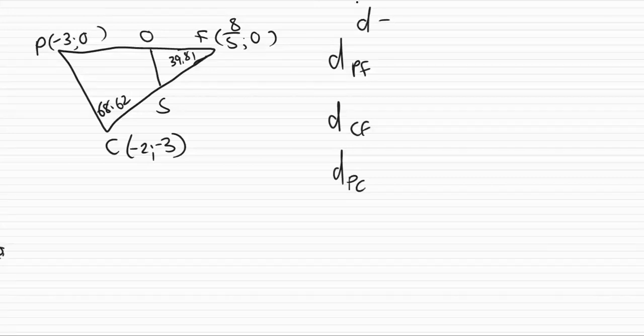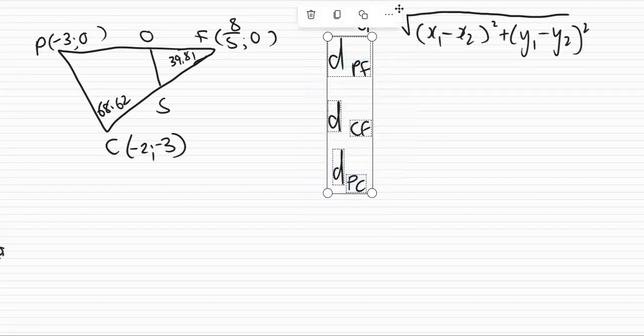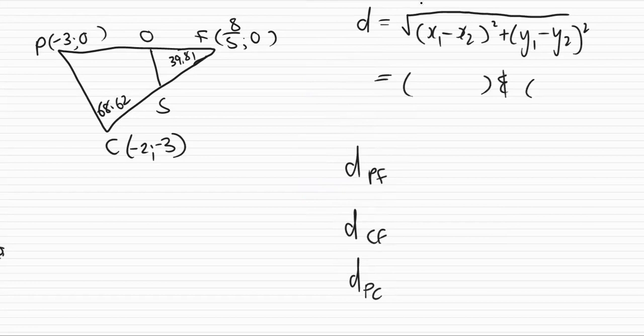And remember, the distance formula is the square root of (x1 minus x2) squared plus (y1 minus y2) squared, based off any 2 points, x y.